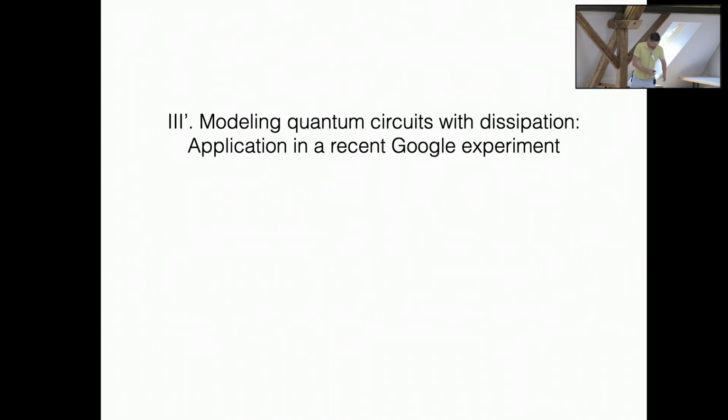And as a fun application of this, let me just show you one slide of how we used it to model a noisy quantum circuit in a recent experiment we did at Google.